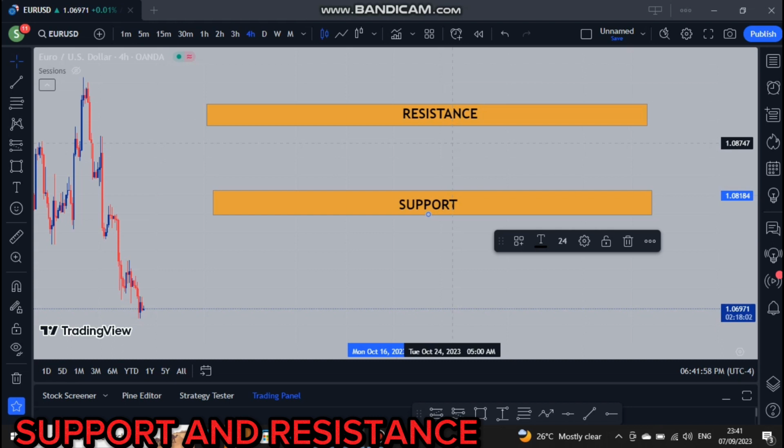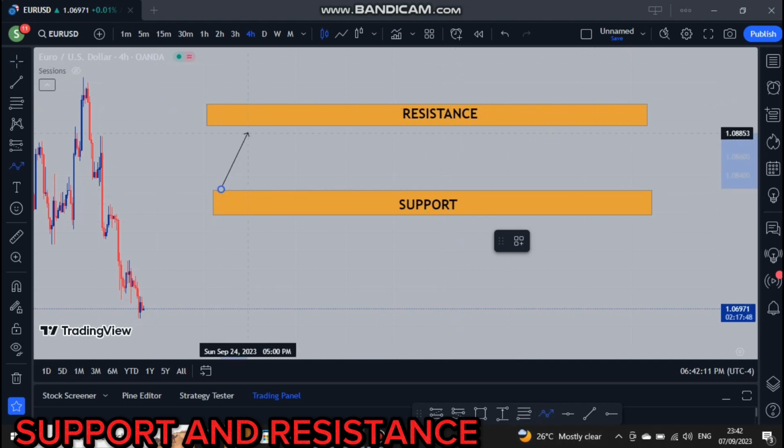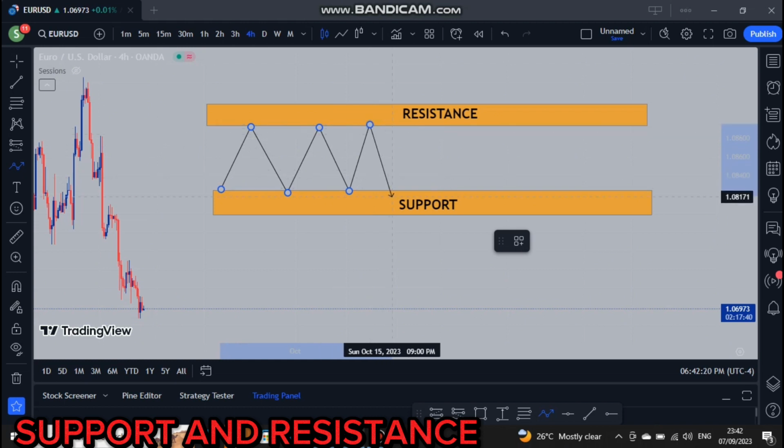I want to let you guys know that support can turn to resistance and resistance can turn to support, but on one condition. Let's say we have this market trending inside this box, testing on the support and testing on the resistance, testing on the support and testing on the resistance. We can have a break below this support.